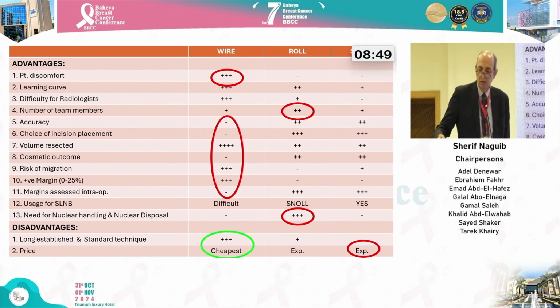If we look at the new Scout radar apparatus, we will see that it does not carry any of these disadvantages, and it carries the best results regarding accuracy, choice of incision, volume of resection, and cosmetic outcome. Nevertheless, it has only one disadvantage. It is a little expensive when compared to the wire, for example, which is the cheapest of all.